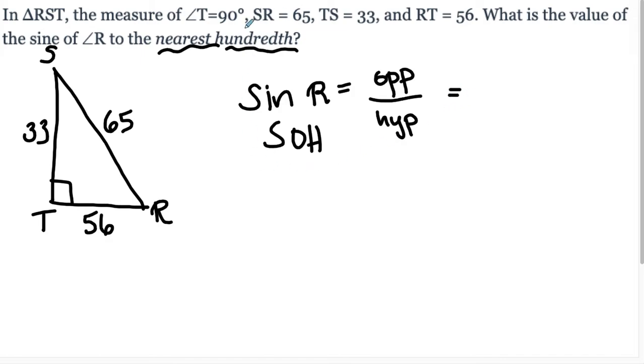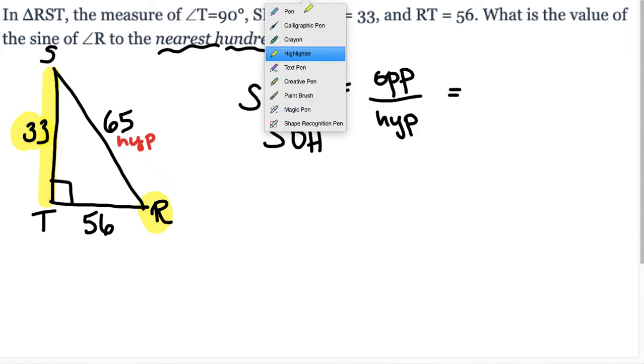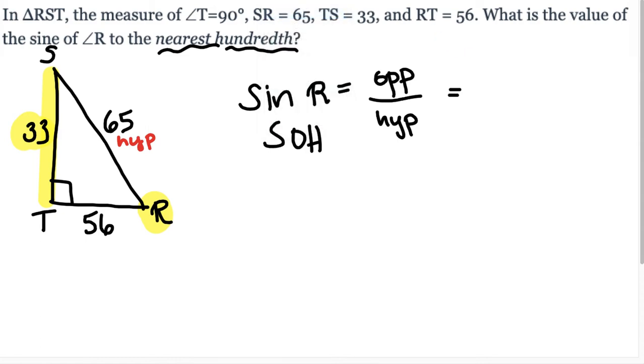We already know this is the hypotenuse because it's across from the 90-degree angle. Now we have to find the angle R, which I'm going to mark as yellow. The opposite side of R is right here, which is 33. So we want the numerator to be 33 and the denominator to be the hypotenuse, which is 65. So this is our ratio.